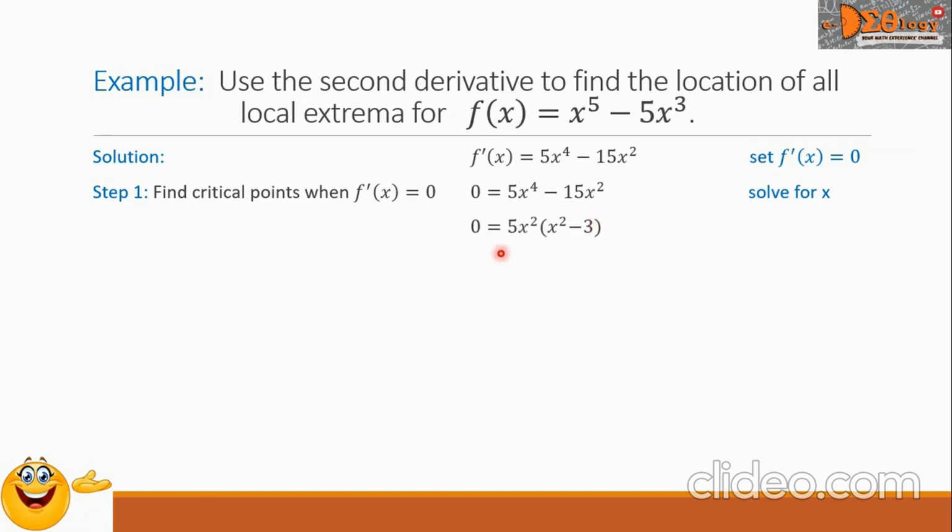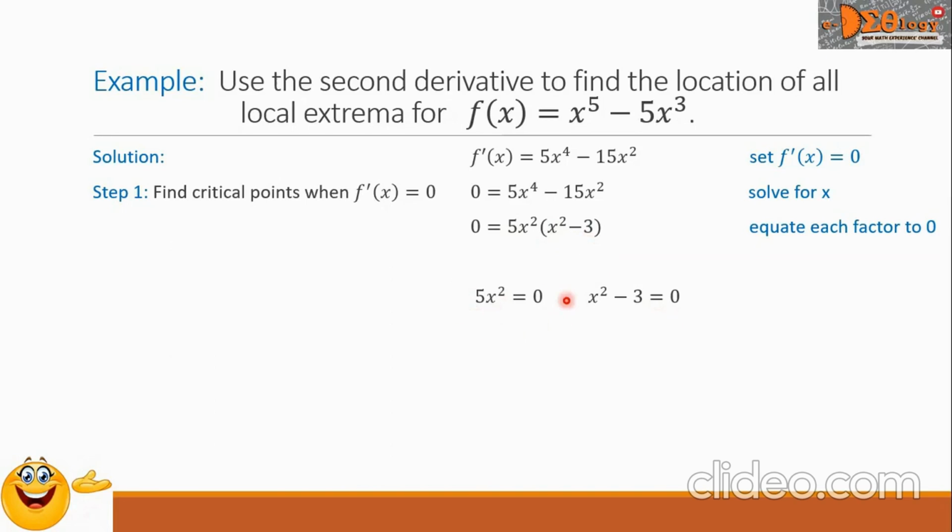So we have 0 equals 5x squared times the quantity x squared minus 3. Now let us equate each factor to 0. So we have 5x squared equals 0, and x squared minus 3 equals 0.